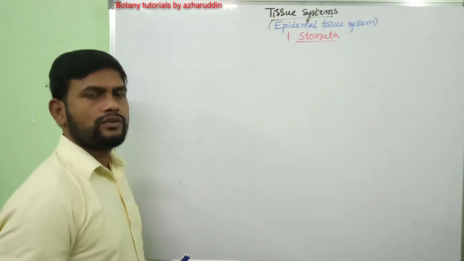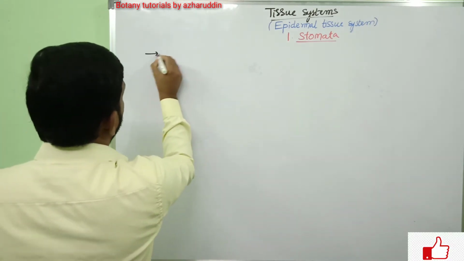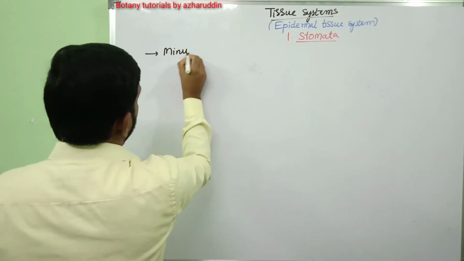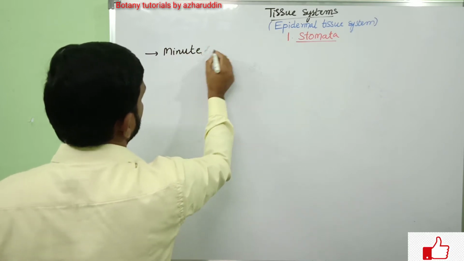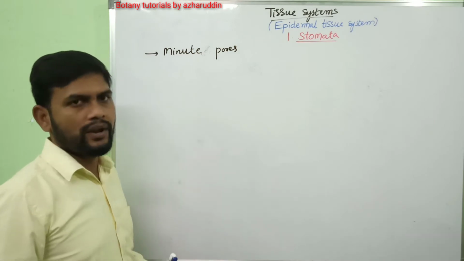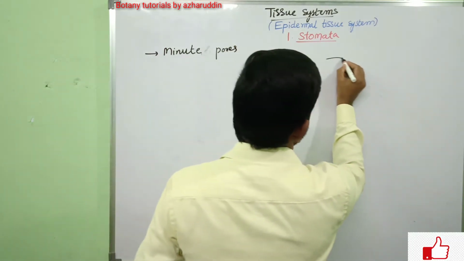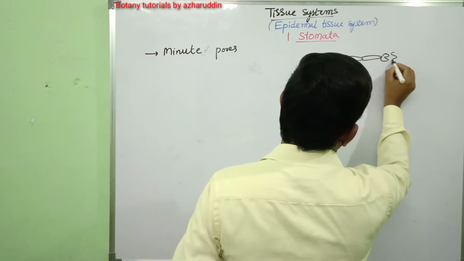What are stomata? Stomata are minute pores present in the epidermis of land plants. This is the epidermis. In the epidermis, small sized pores are present.